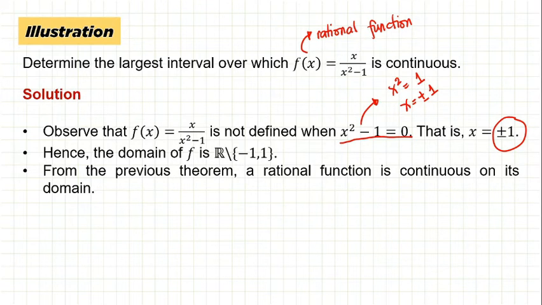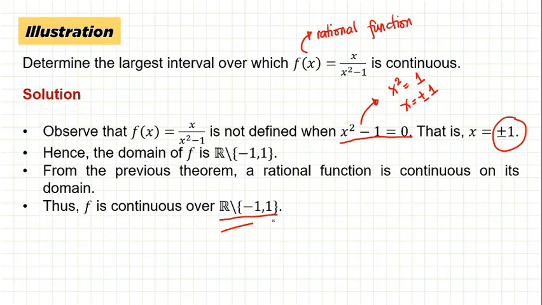Therefore, we can say that f is continuous over the set of real numbers except the set containing negative 1 and 1. So this will be the largest interval, which is the domain of the function. So that answers our problem here.